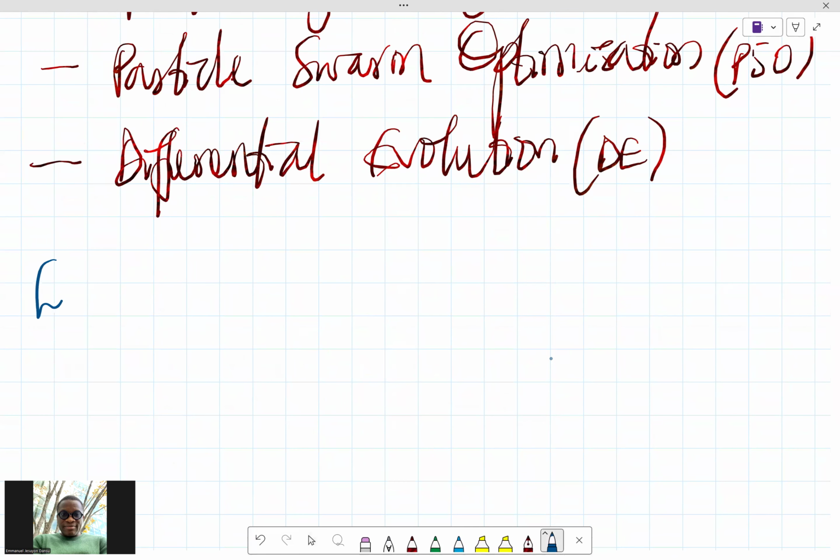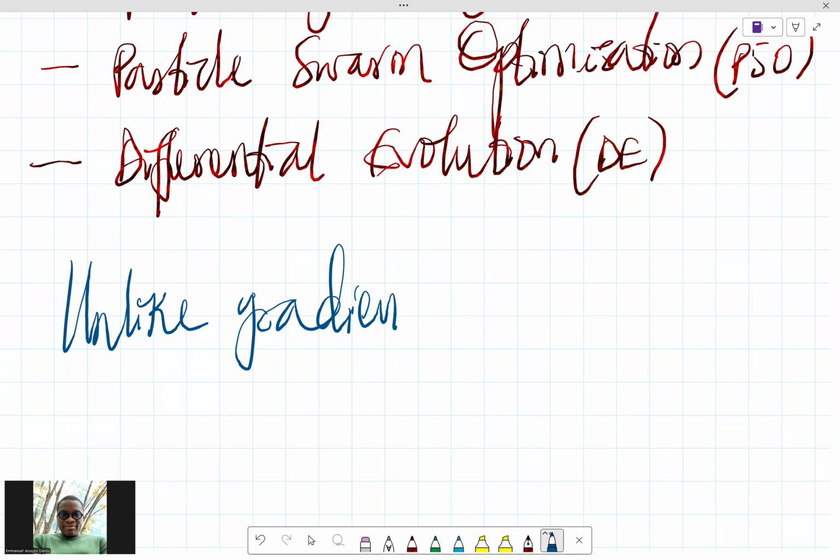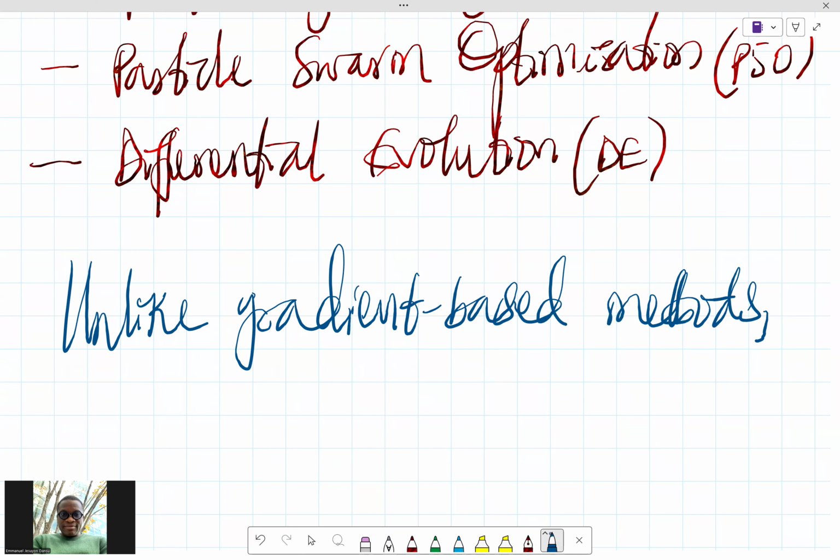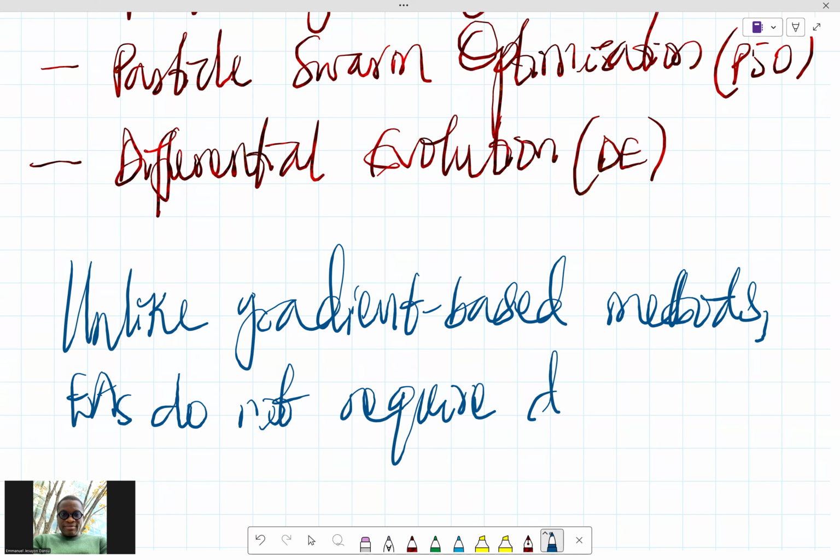Each of these methods is tailored for different problem structures. But unlike gradient-based methods, evolutionary algorithms do not require derivative information.